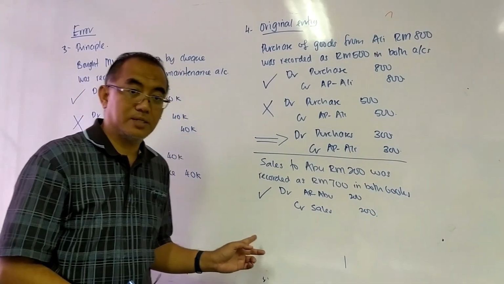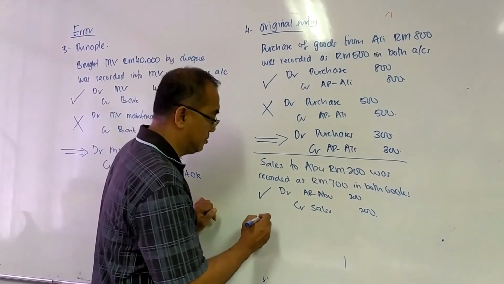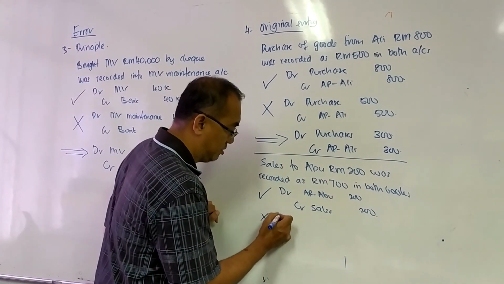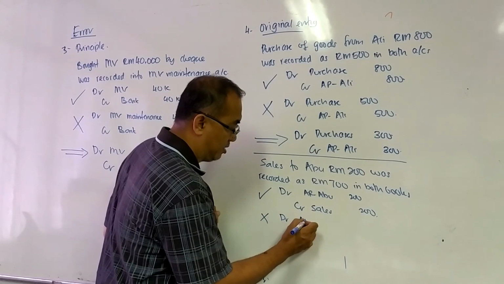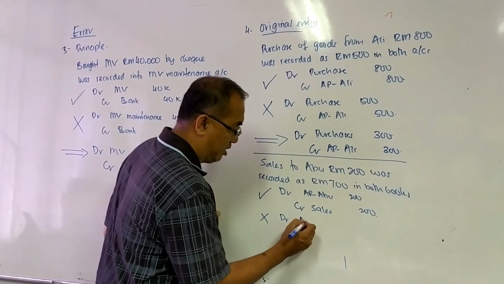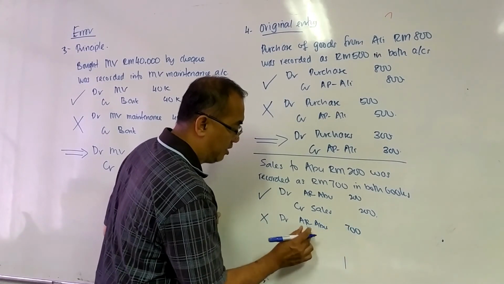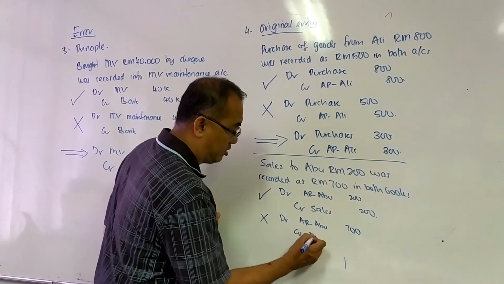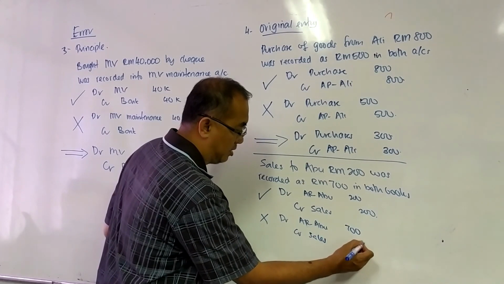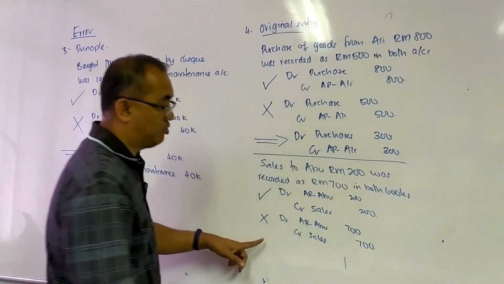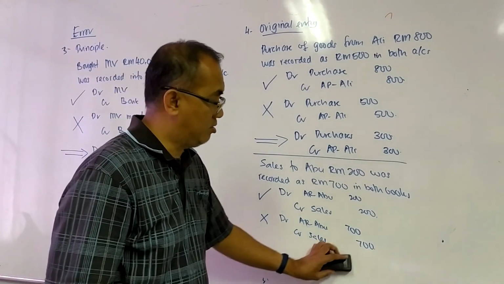This is the correct one. But you have done wrong. You have debited AR Abu as 700 and you credited your sales 700. This is totally wrong.